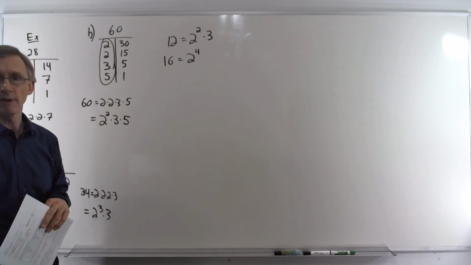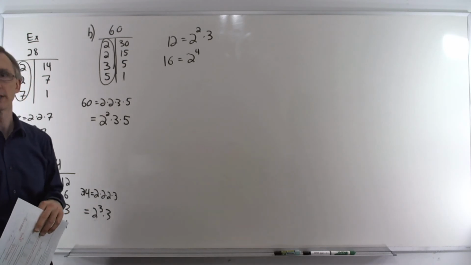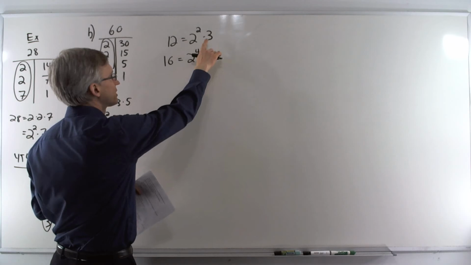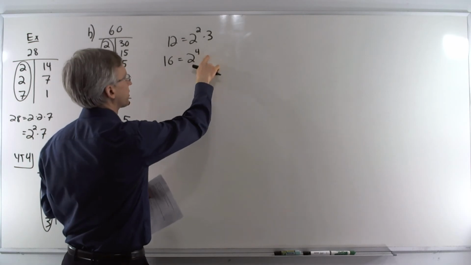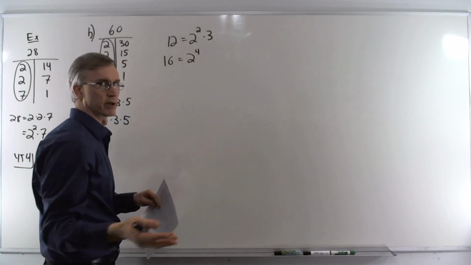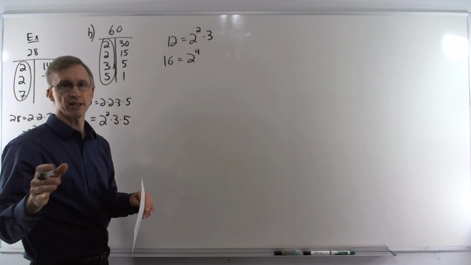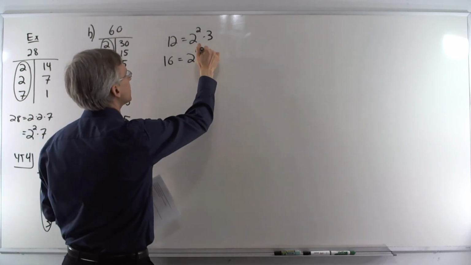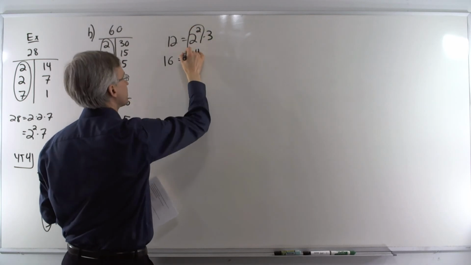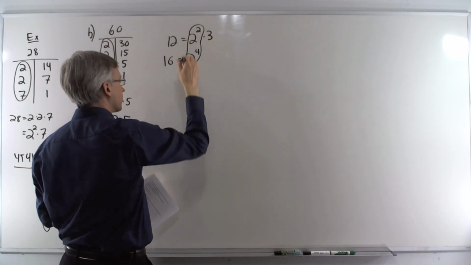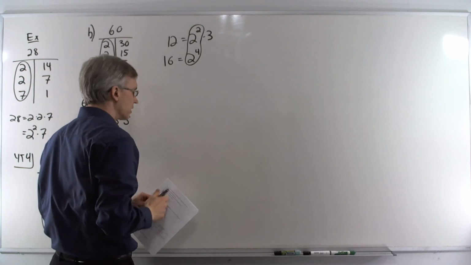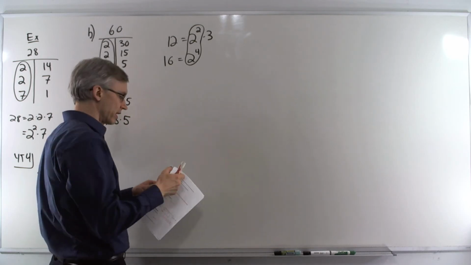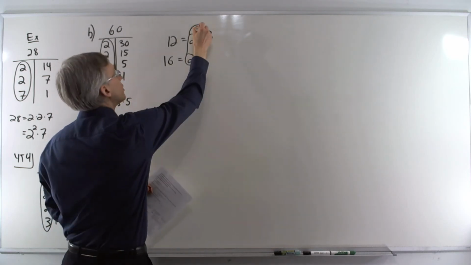All right, now, for each base, we're going to pick the smallest exponent. Well, 3 doesn't have a match down here, so this is like 3 to the 0 power, so we don't include that. So if it doesn't have a match, don't include it. Now for these, we do have a match between the base of 2, and we want the smaller of the two exponents. And the smaller of the two exponents is 2.